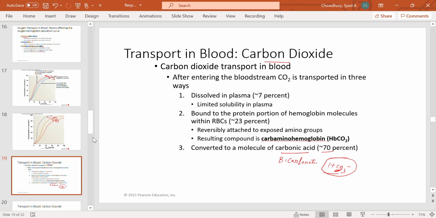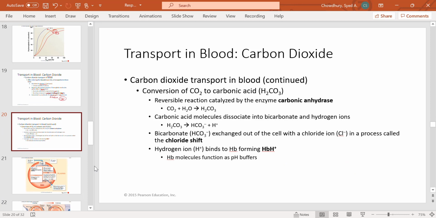And 23% will be transported by hemoglobin. And when carbon dioxide binds with hemoglobin, that is called carbaminohemoglobin. Okay, 23%. But remember, 98.5% of O2 is transported by hemoglobin, but only 23% of CO2 is transported by hemoglobin, and about 7% of CO2 is transported by the plasma, dissolved in the plasma.